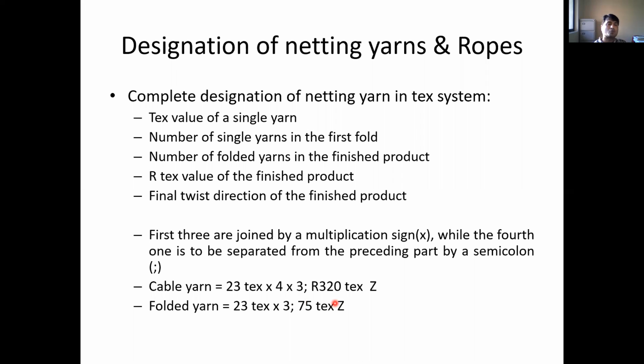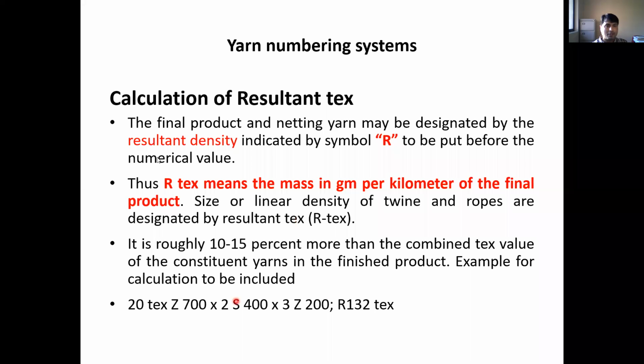Okay? अब इसको थोड़ा सा डिटेल में चलते हैं. Calculation of resultant tex. Rtex, जो अभी हम बात कर रहे थे, Rtex is the resultant tex. The final product and knitting yarn may be designated by resultant density indicated by a simple capital letter R, and that has to be put before the numerical value.